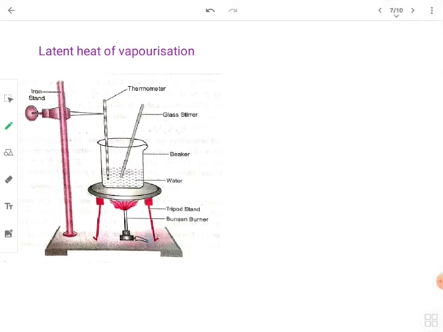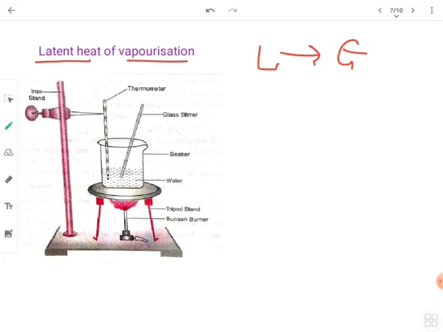Now, if you have become clear with the concept of latent heat, then I'm sure you can guess what we would mean by latent heat of vaporization. Again, just the process becomes different, the concept remains the same. Here we are talking about vaporization, that means from the liquid state we are moving to the gaseous state. Latent heat means hidden heat.